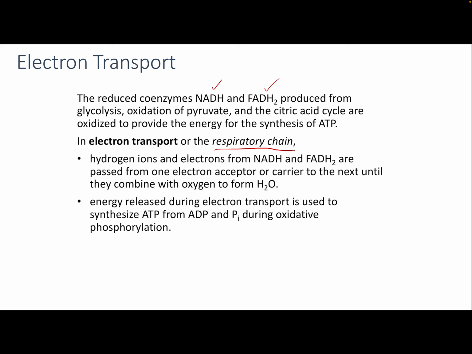And these electrons are going to get passed from those NADH and FADH2s into different electron carriers. Now, each of these electron acceptors and electron carriers is going to have a job. The jobs that they're doing are not just moving the electrons across, but they're pumping hydrogens across a membrane. And that's going to be important. So we'll take a look at that.